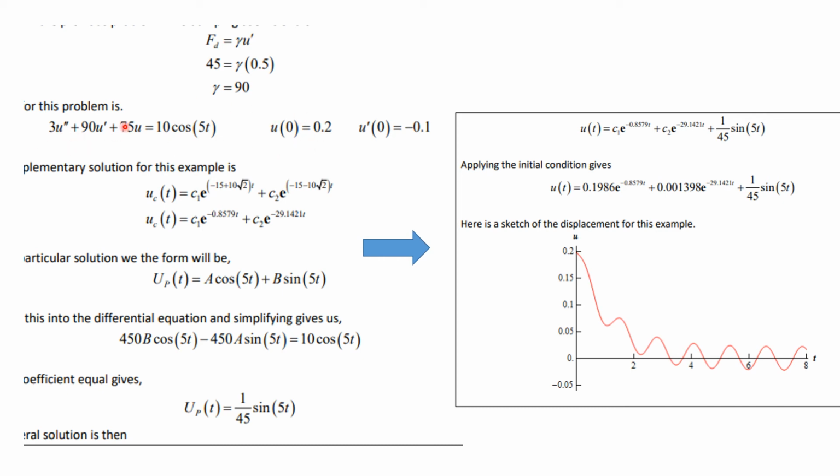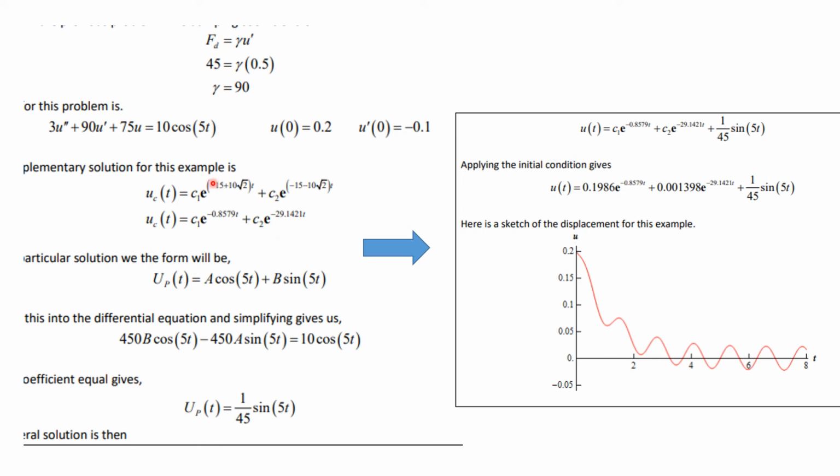Now, when we solve this auxiliary equation, we'll be using the quadratic formula, and so we will get minus 15 plus or minus 10 root 2. And it turns out that that is negative each time as predicted. So this is our complementary solution, and that's the thing we call the transient solution.